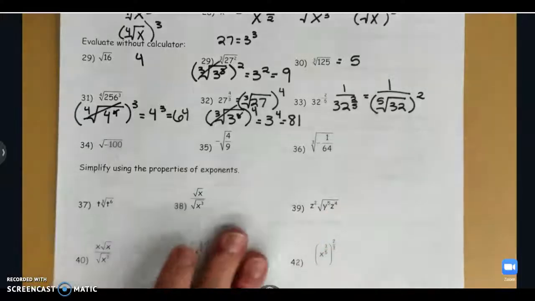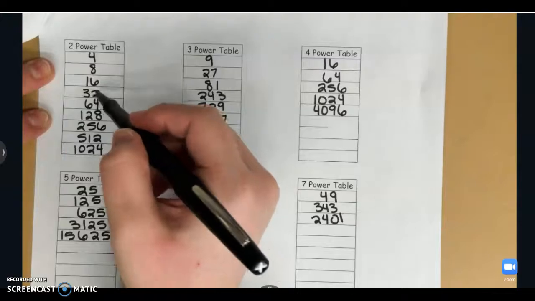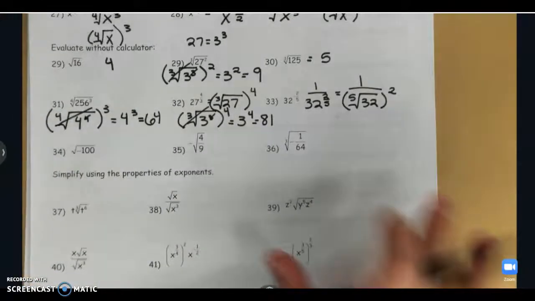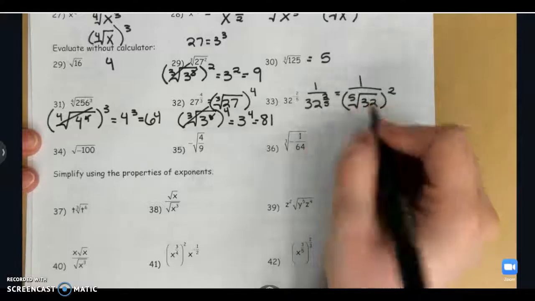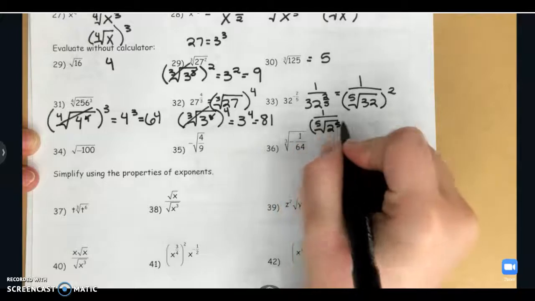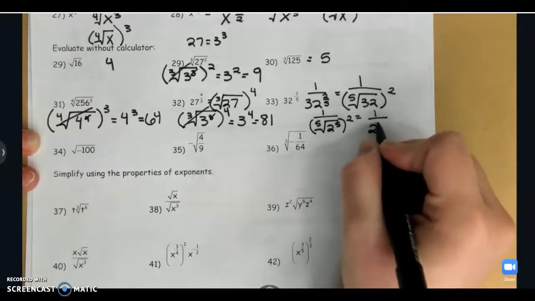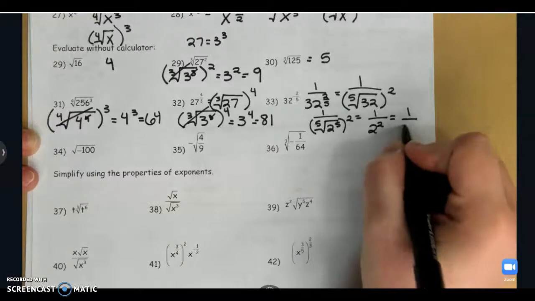Let's see if 32 is a perfect 5th. And looking at my table, 2 to the 5th power is 32. So 32 is a perfect 5th. So again, I'm going to rewrite this as 1 over the 5th root of 2 to the 5th power, squared. So that's going to be 1 over 2 squared, which is 1 over 4.